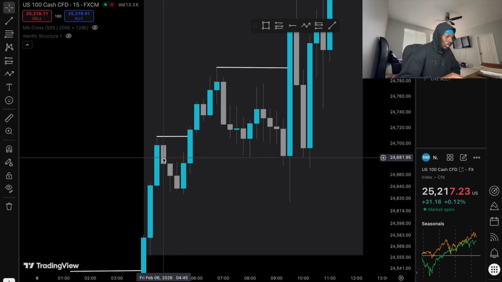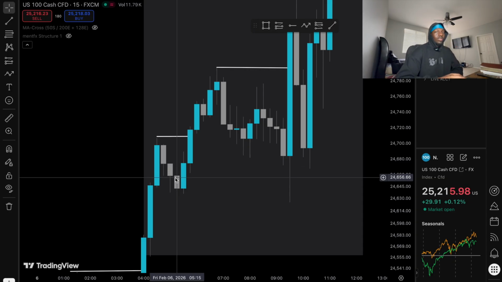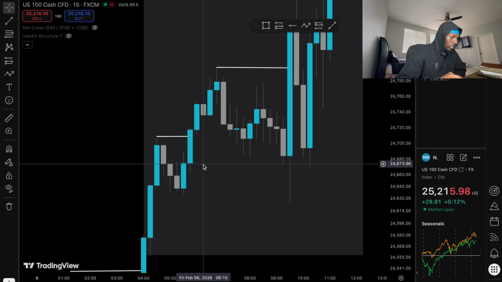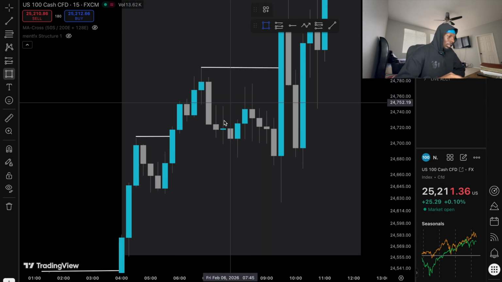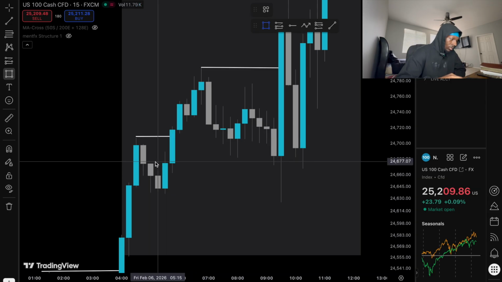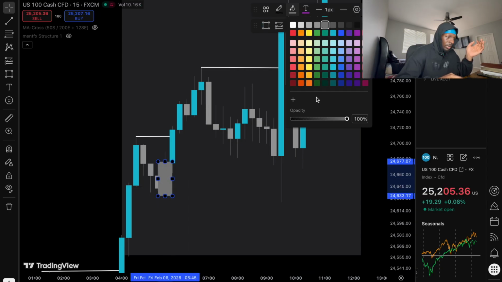Which was the last candle before the bullish pressure? 1, 2, 3. If you guess candle number 3, you are correct. So with that being said, I would mark this candle from its high, the top of the wick, to the low. Okay, I gotta fix this, the opacity.